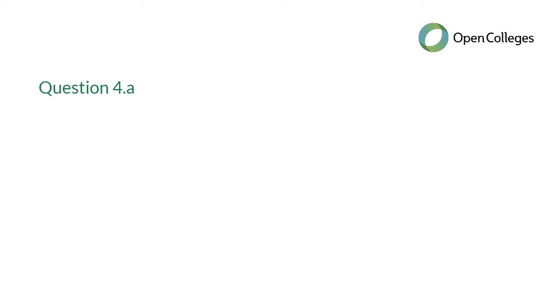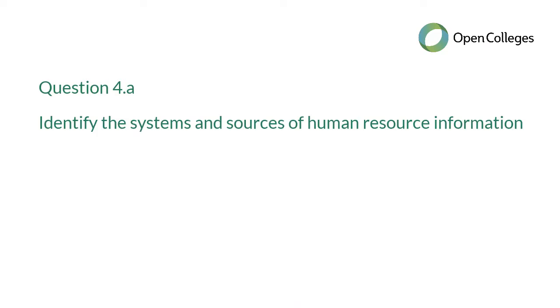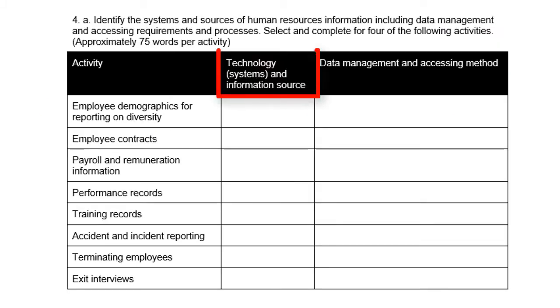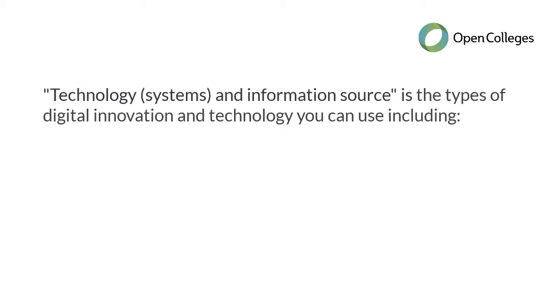Question 4A. Identify the systems and sources of human resource information. The table for technology and systems gives you a way that the sorts of information that you need to gather can be stored and accessed by other people. Think about the sorts of digital innovation and digital technology that you could use.